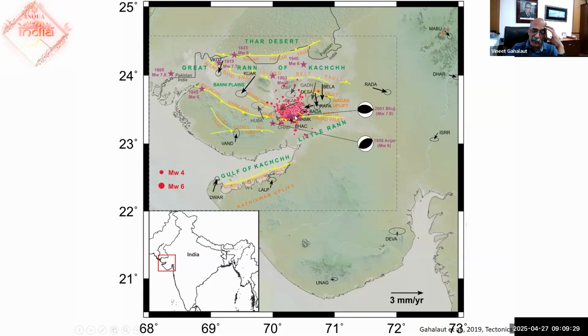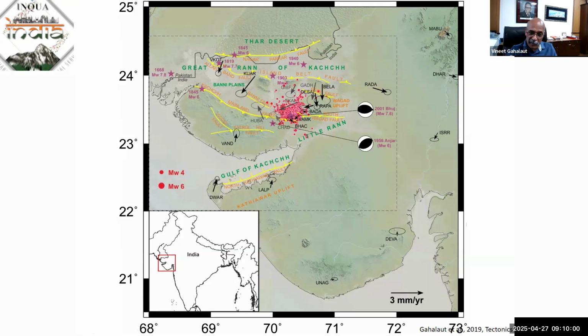Now, to me, we never expected to see this in our lifetime. We thought that the process is very slow, and it would be very difficult. We know that because these earthquakes are all strong and all have reverse mechanisms. For example, the 2001 Anjar earthquake here, or even the Allahabad earthquake here, they all convey that there's some compression going on.